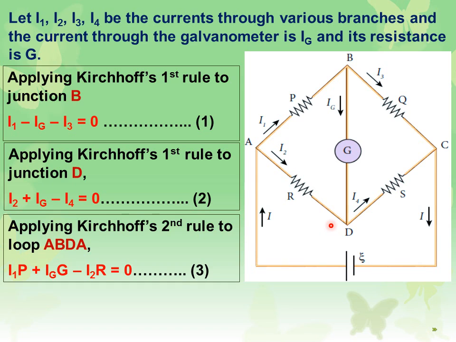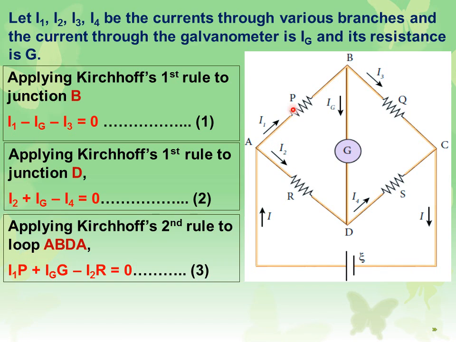Now, applying Kirchhoff's second rule to the loop ABDA. What is the loop here? A, B, D and again A. First half cycle of this Wheatstone bridge. So what are the currents here?